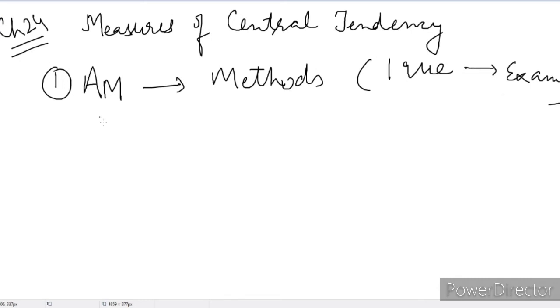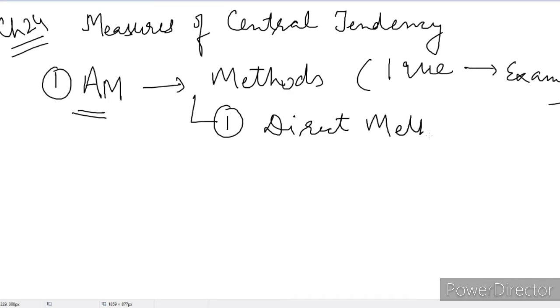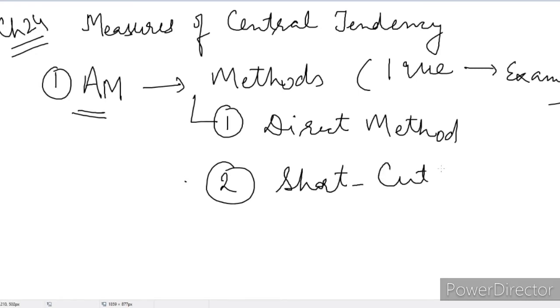There are three methods to find the arithmetic mean. The first method is called the direct method, a very easy and interesting method. The name of the second method is the shortcut method.